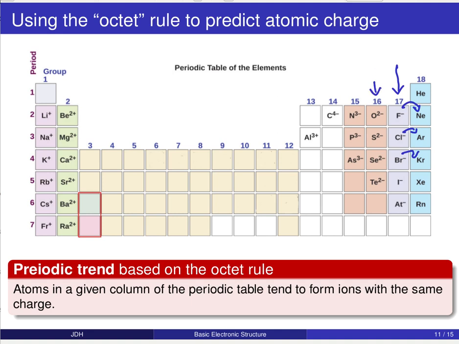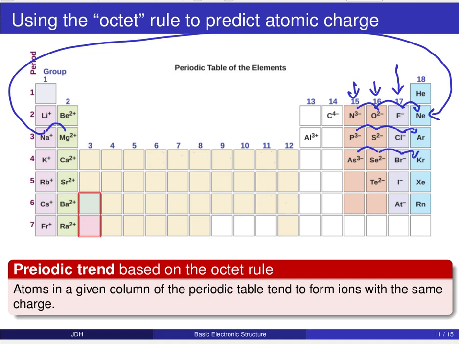Oxygen, sulfur, and these will tend to grab 2 electrons to look like argon, krypton, or xenon, and so on and so forth. Nitrogen, you'll want to grab 3, phosphorus 3, arsenic 3. And the elements over on this side will want to lose, rather, 1 and then 2 to come all the way back to look like neon.